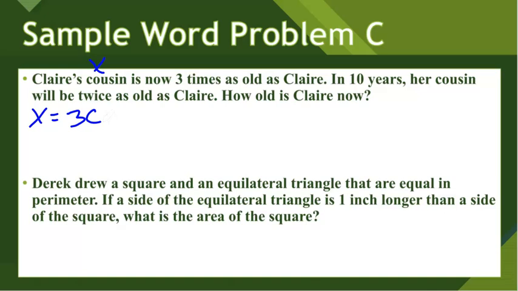So for that one, I'm going to say cousin's going to be X years old, and Claire's cousin's going to be twice as old as Claire plus the 10 years. So in 10 years, now I'm just going to use a little bit of substitution here.